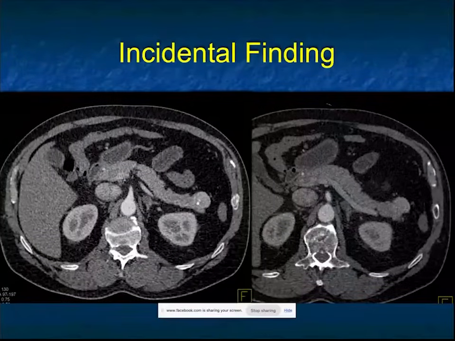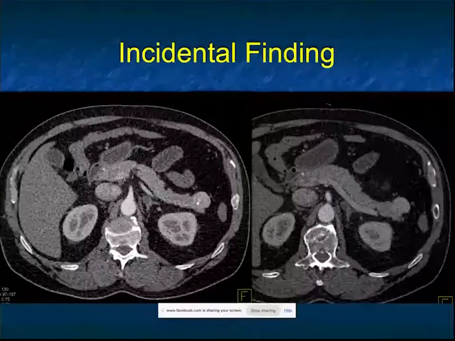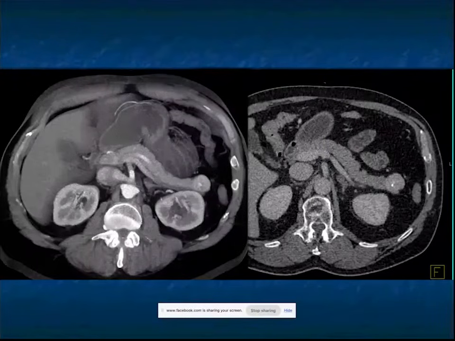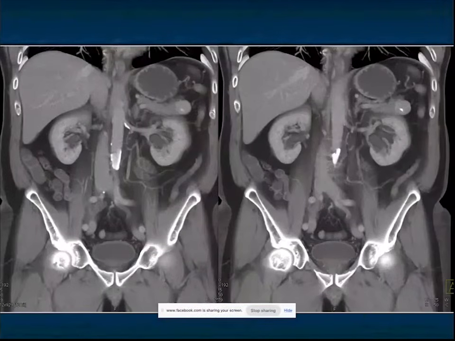Here's another one, similar location, lesion tail of pancreas. It's denser than the spleen. Otherwise, you could have considered a splenule, and you should still consider it. There's some calcification. It's hypervascular compared to the rest of the pancreas.